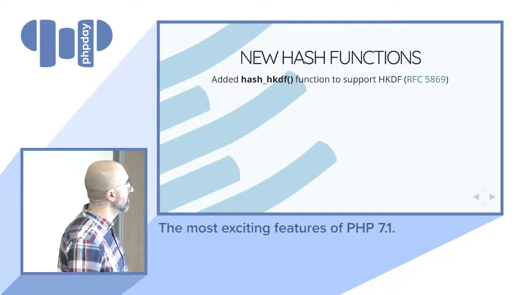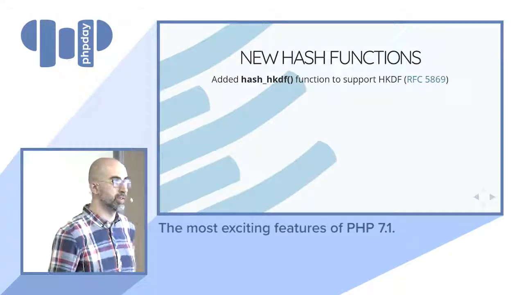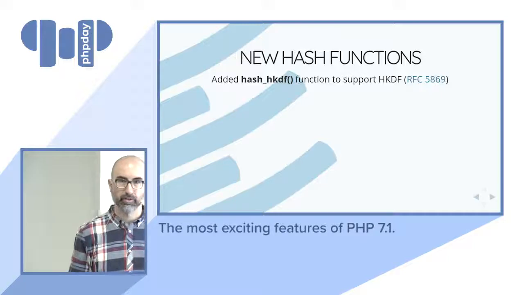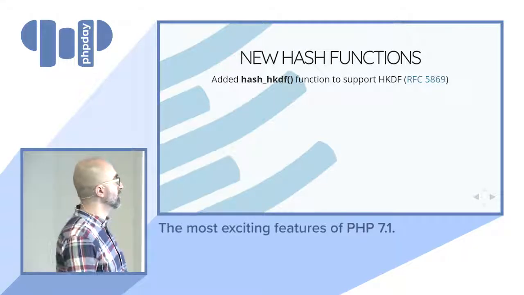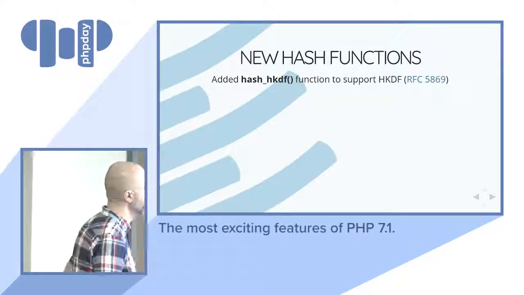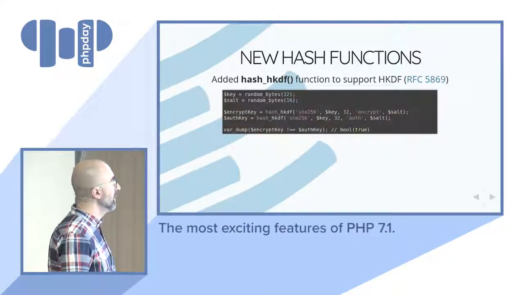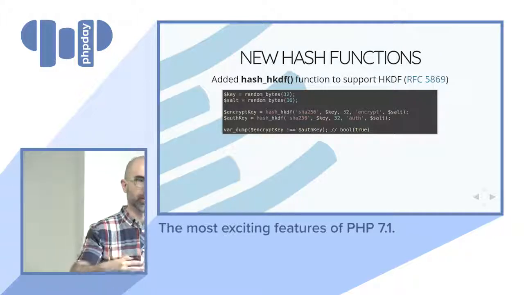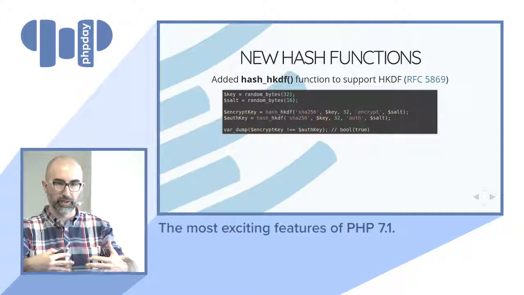Okay, so we're almost done. Briefly, they added the new hash function hash_hkdf in PHP 7.1. This is also important for security. This function provides you the ability to start from a key and create a robust key for encryption and authentication.